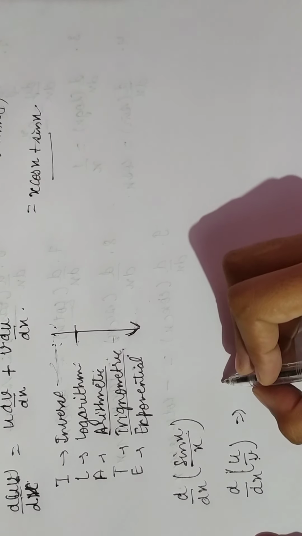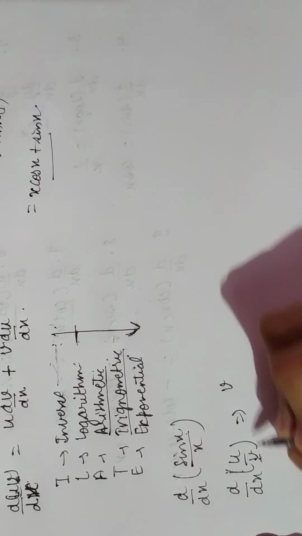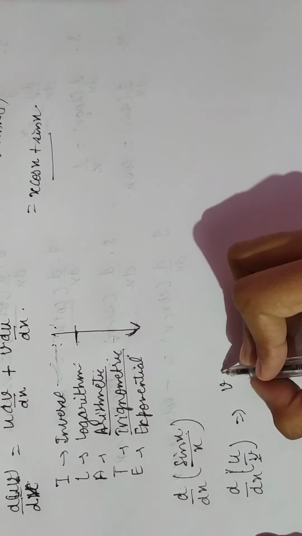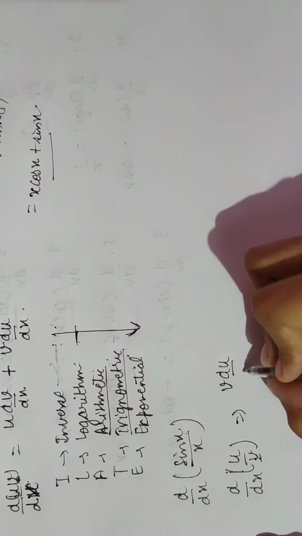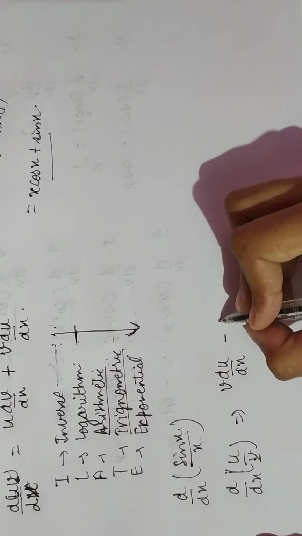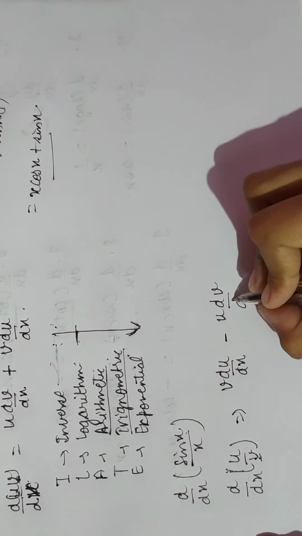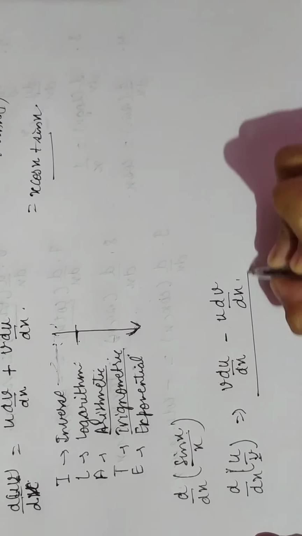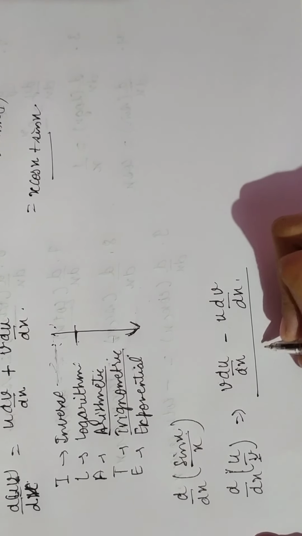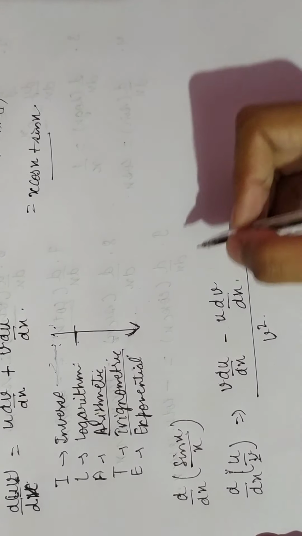Okay, so for this we have the formula, which is, see, we want to find d by dx of u by v. The formula for this type of function is, we consider the v function outside and differentiate the upper function. Okay, now we have a negative sign in between and we put the first function outside and differentiate the second function, and in the denominator of this whole expression we have the square of the denominator.